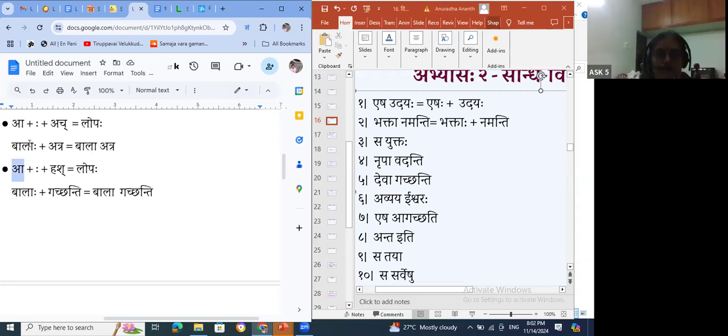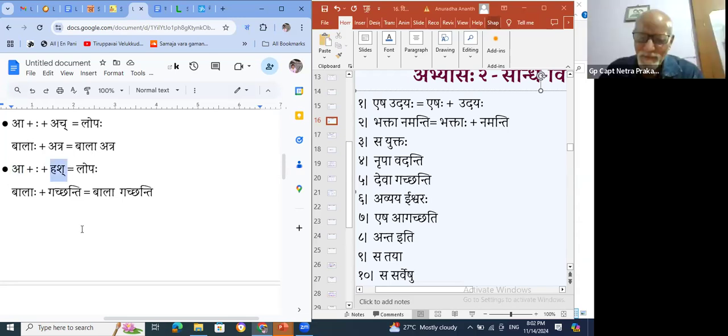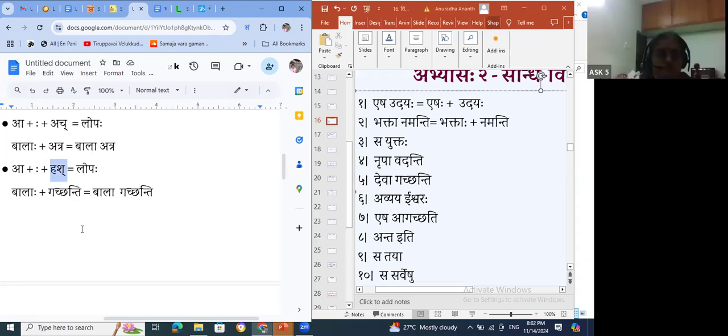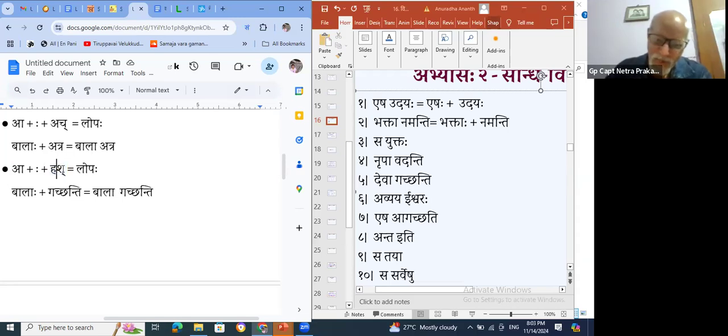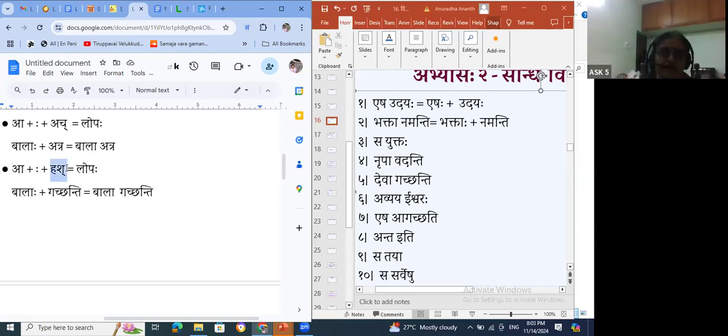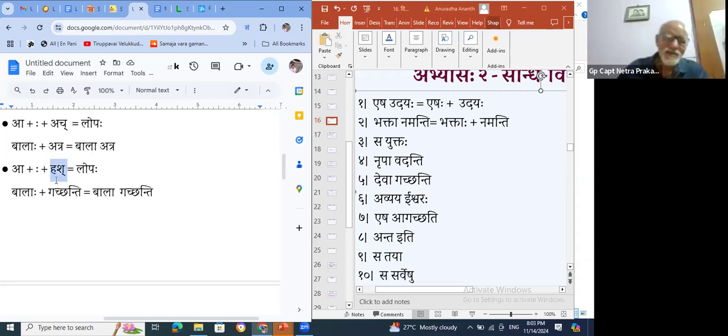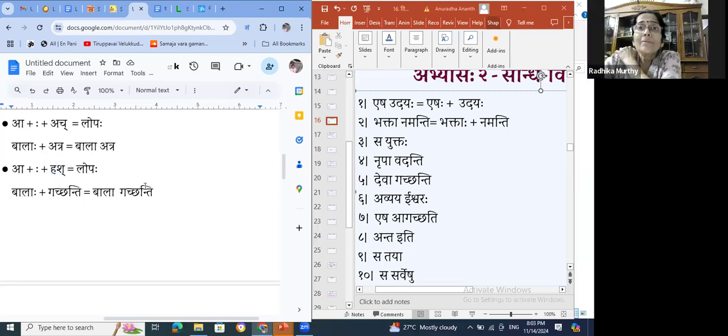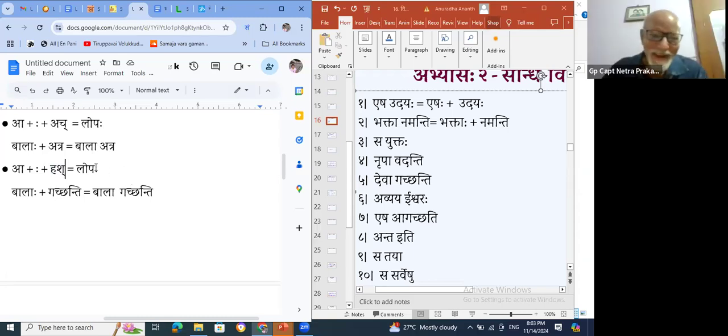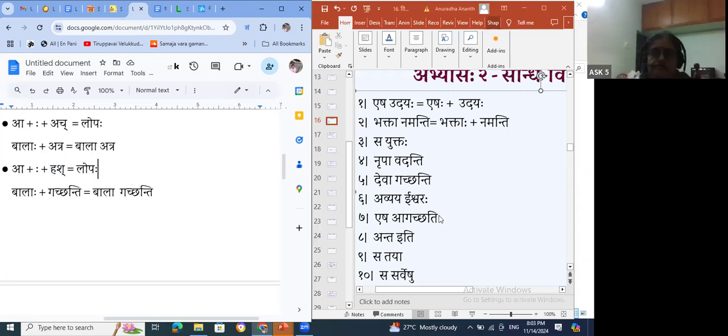A plus visarga plus, then that code. Can you see my screen? That I'm pointing out? Yeah, hush. Because of that only there is this lopa. Hush is lopa.